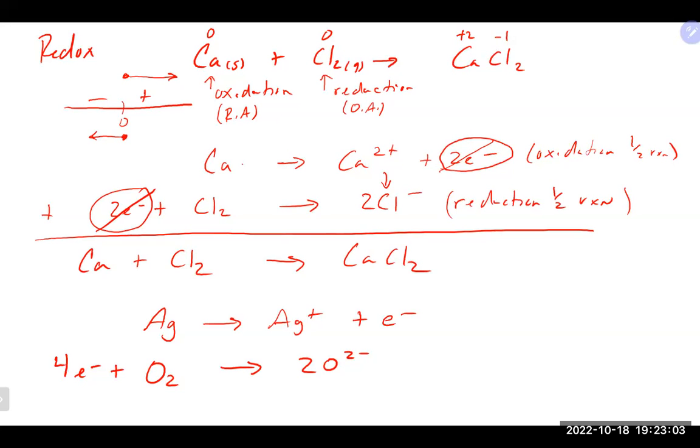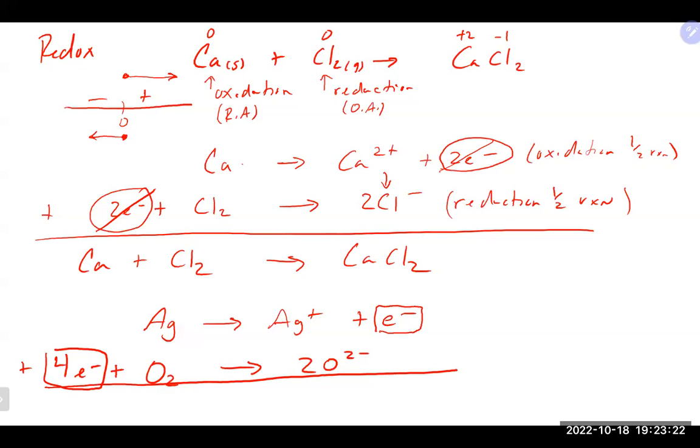And let's say we wanted to put these 2 half reactions together. Once again, we couldn't add them together at this point because we only have 1 electron here and we have 4 electrons here. As I mentioned, this sometimes does happen, but you always want to make sure you have the same number of electrons in each.